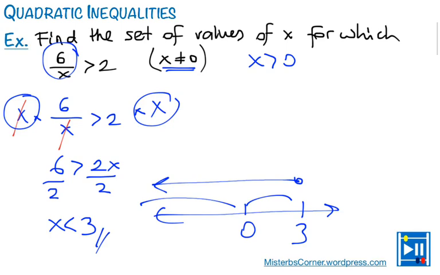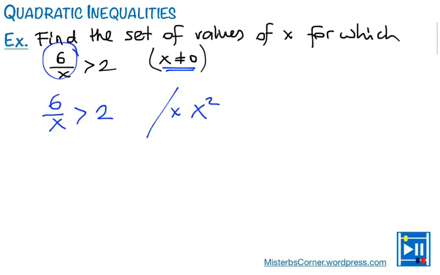So I have to consider multiplying both sides by x squared. Why? Because x squared is always positive regardless what x is. So I'm going to have 6x here, because if I multiply the fraction with x squared, x's will simplify, there will be only 1x left, so it's going to be 6x greater than 2x squared.